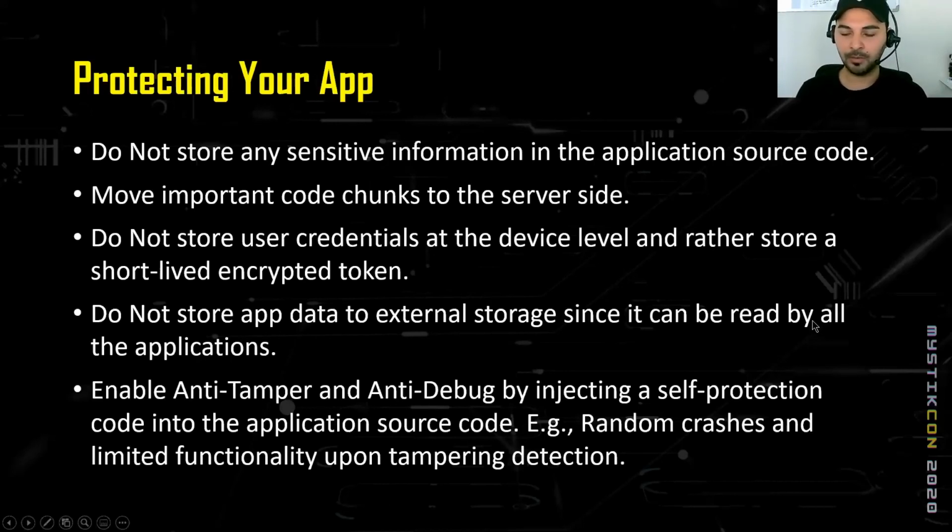What else? There is a code that you can write within your apps which would instruct the app if it is attached to a debugger. So if you are doing real-time debugging, for example, I'm hooking into FRIDA, or I'm running GDB against the APK, if you have that anti-debug code injected into your APK file, then the application should go into a limited state.